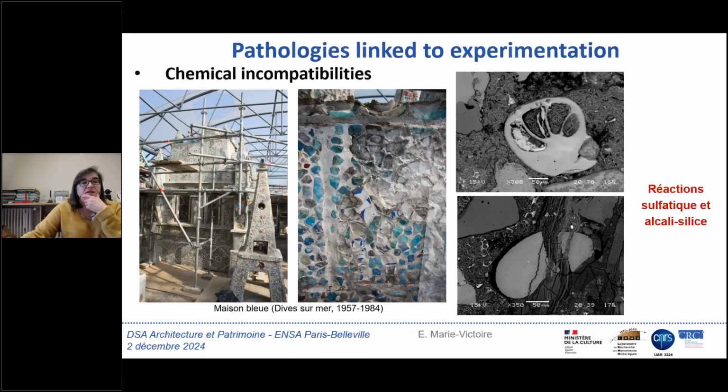And the other point is that he used cements containing a lot of alkali, and we had alkali-aggregate reaction, and you can see that the strength of the reaction has completely cut some of the aggregates.